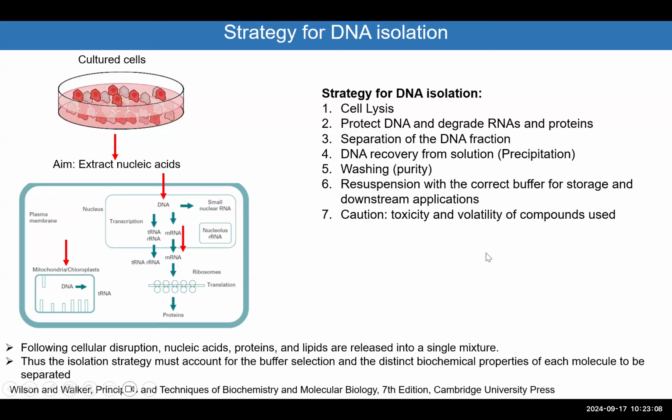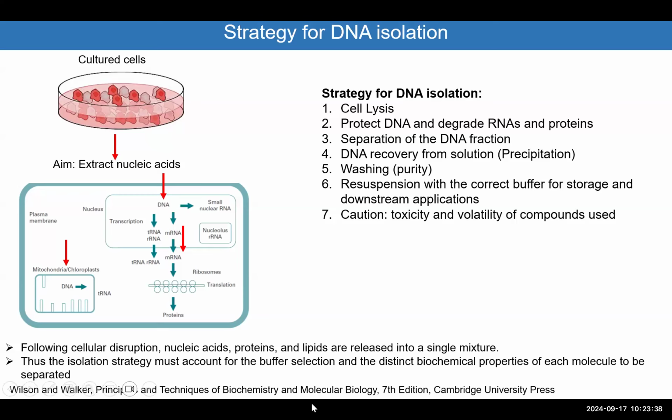So if, like today, I come to a lab and I am putting together this strategy, I would say I am isolating the DNA. Therefore, I will first need to solubilize the cell and remove the membranes. This is the cell lysis step. This should be followed by protecting the DNA from degradation, because, for example, in our cells there are DNases that can degrade the DNA.